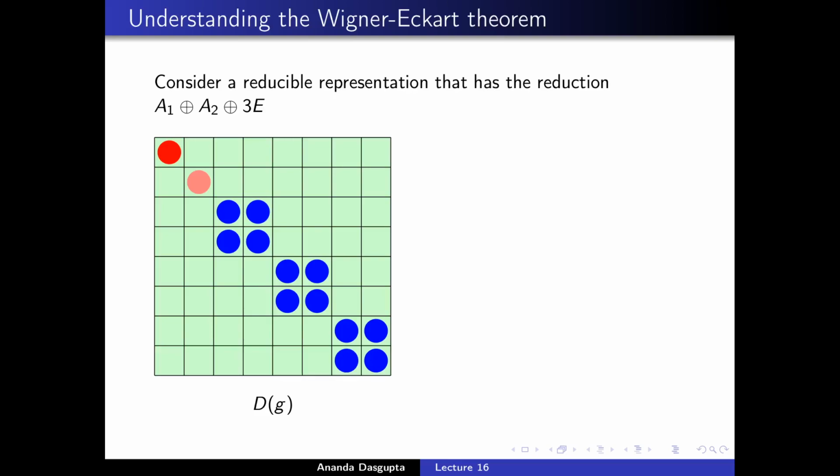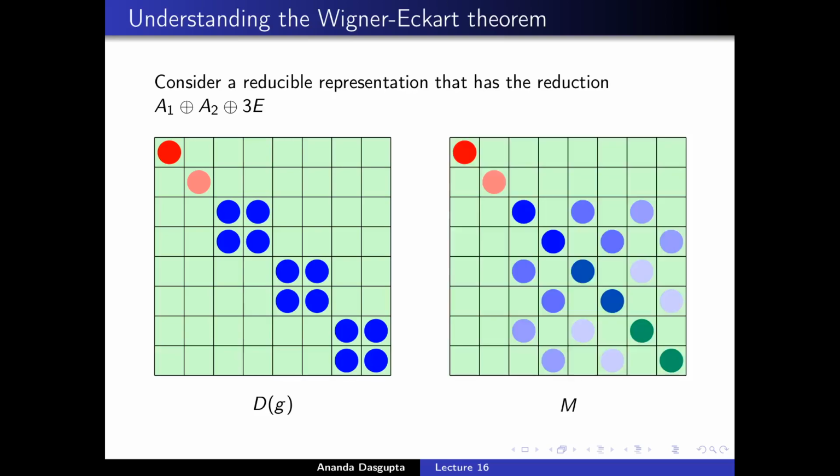When asked this question, very often students come up with the answer that the M will have exactly the same block diagonal structure as the DGs. The actual answer is a bit more complicated, as we are illustrating with this picture on the right.